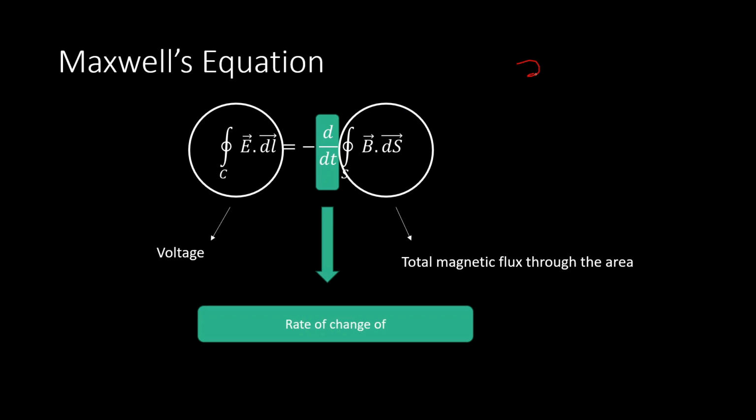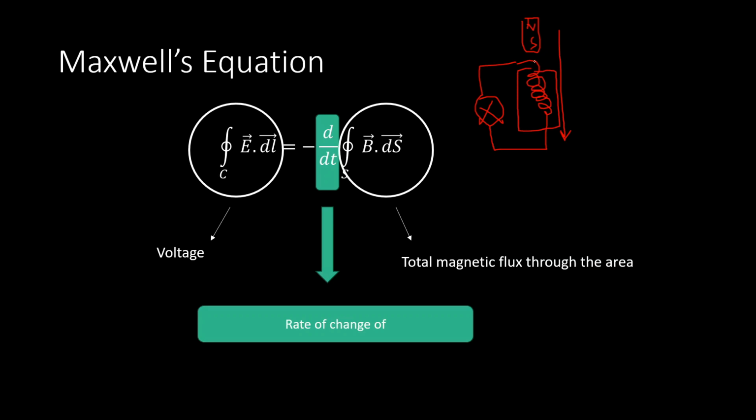So for example, if we have a coil with a light bulb, and then we drop a magnet down into this coil from the top to the bottom. In this case, consider the B.dS around this coil.